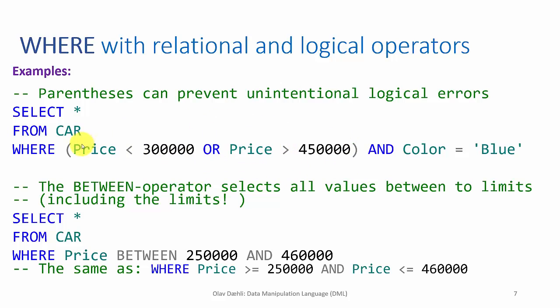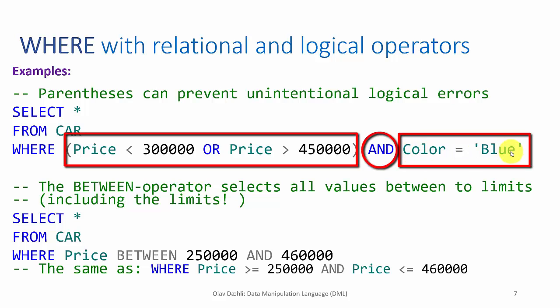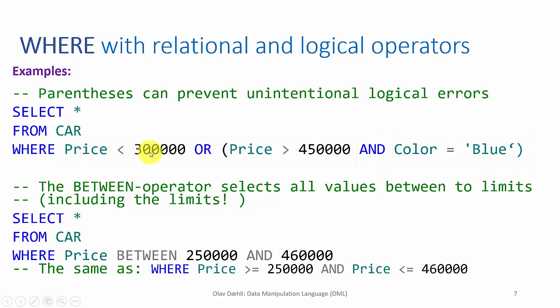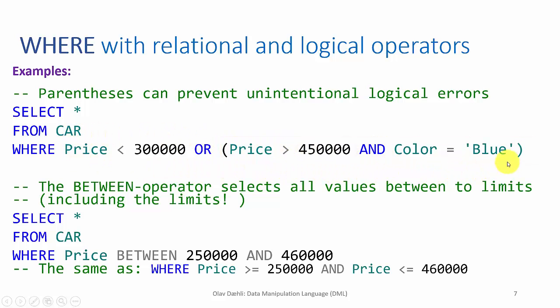If you, for instance, didn't use parentheses here, then it could be a question if it was this one or this one, and then ANDed with this one, or if it was this one, or both this one and this one. So be precise so that you're sure of what you will have in return.